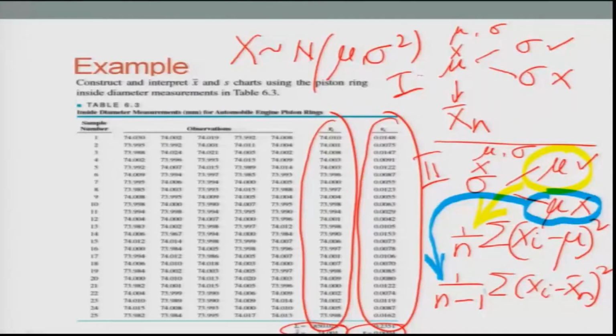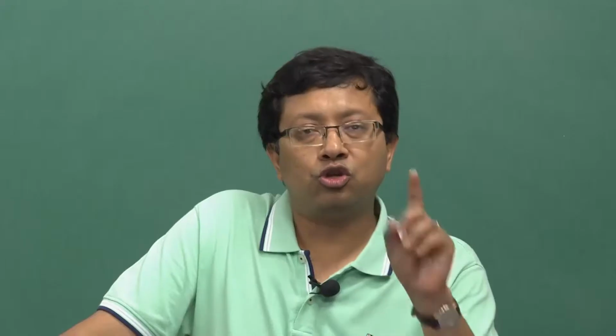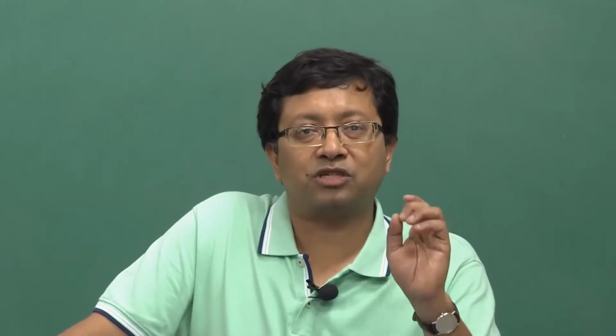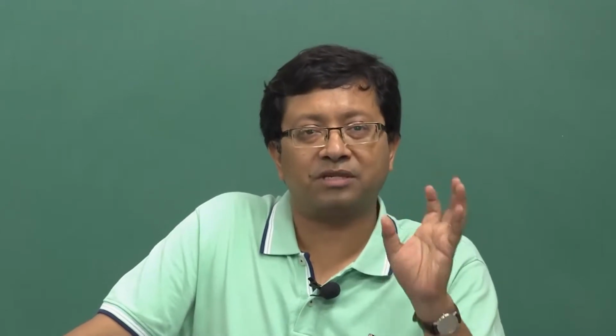Now, in the second case, where I am hovering my electronic pen, the mean value of the population is not known. What do we do? First, we replace the mean value mu with the sample mean, x bar n. The moment you use the sample observations for the first time, you lose some information: the degrees of freedom you lose is 1.